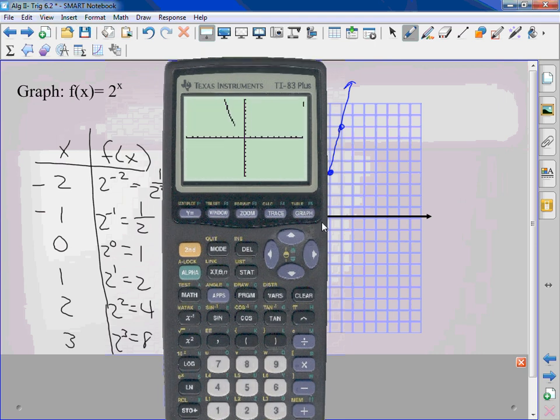And when I graph, there's my graph. Now I can also go to the second graph, and there's my table. The only thing about the table, it gives you everything as a decimal. Now originally I said it had to be positive, right?